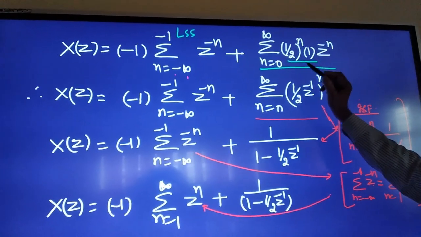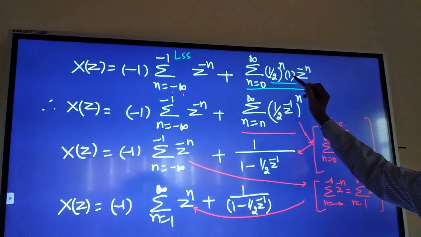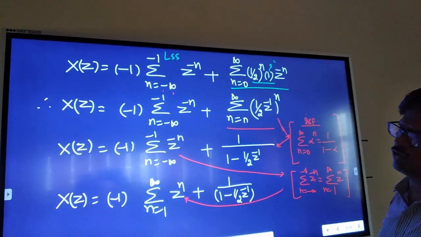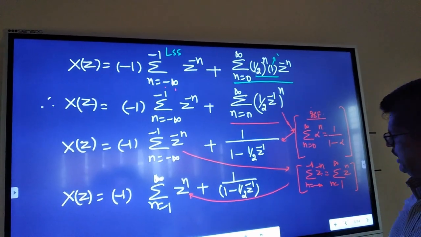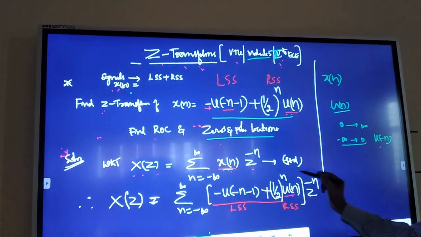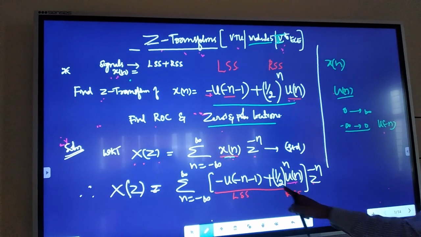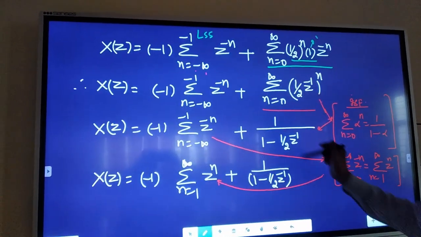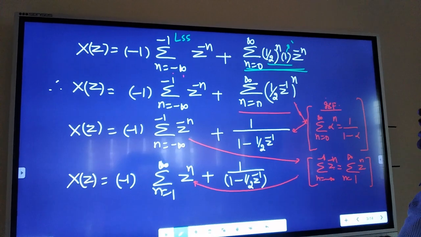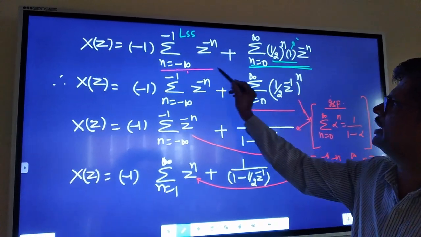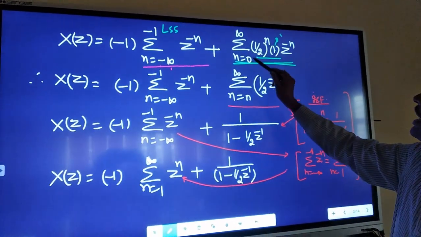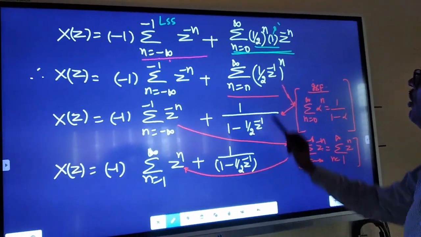What is x of n? 1 by 2 to the power n into u of n. u of n is 1, so this value is 1, into z to the power minus n. That is the formula. This term I am writing separately. This is the second term. So the first summation is from minus infinity to minus 1, the second summation from 0 to infinity.